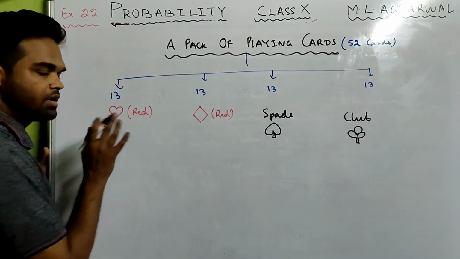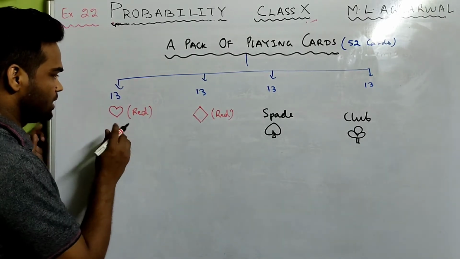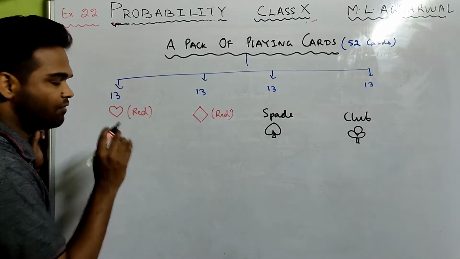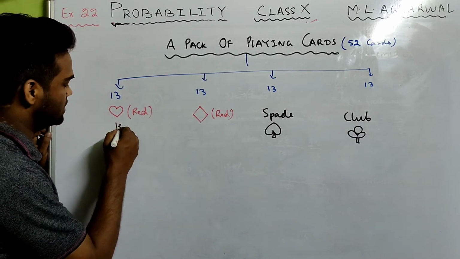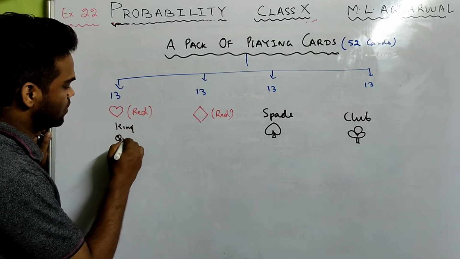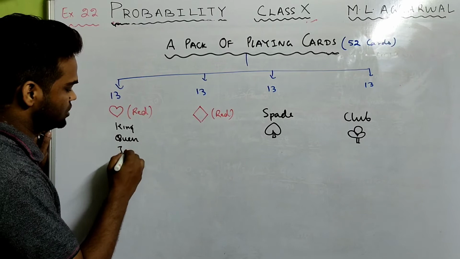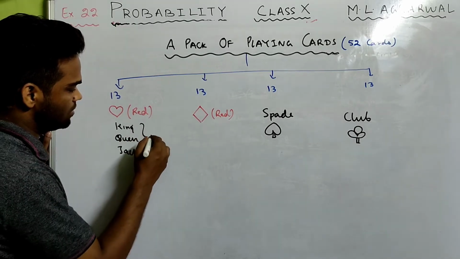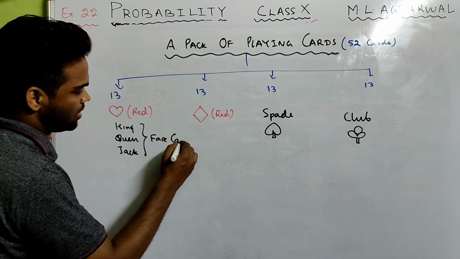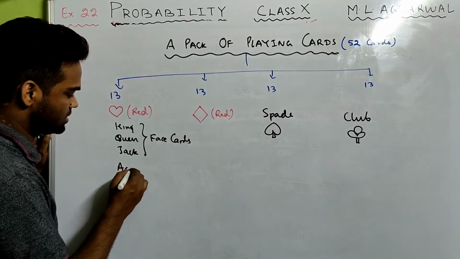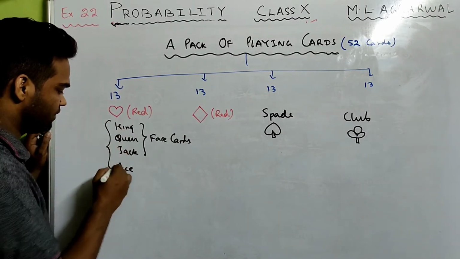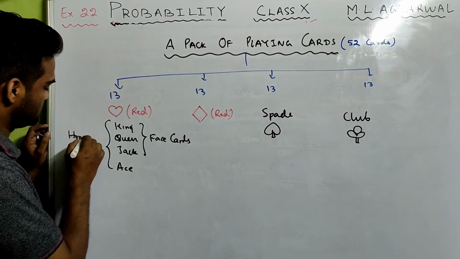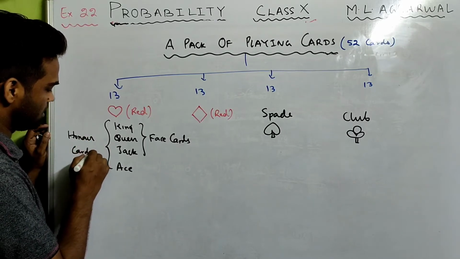Now, when you talk about hearts, suppose, it has 13 cards, out of which 3 are face cards: King, Queen, Jack. These are your face cards. There is an ace, and these 4 are known as honor cards.